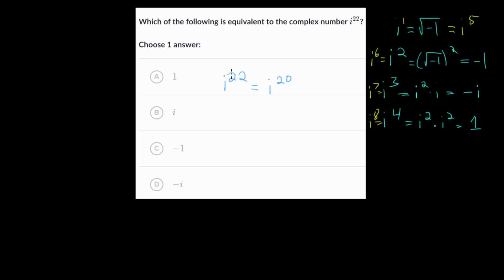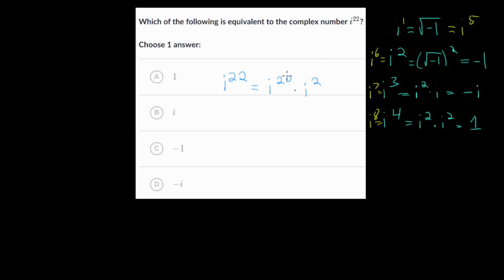So i to the 22nd power is the same thing as i to the 20th multiplied by i squared, since remember, we're just using exponent properties here. They have the same base, so we can add the exponents. Or in other words, we are multiplying i 20 times here, and then 2 times here, so in total we're multiplying i 22 times. It's just another way to look at this problem.